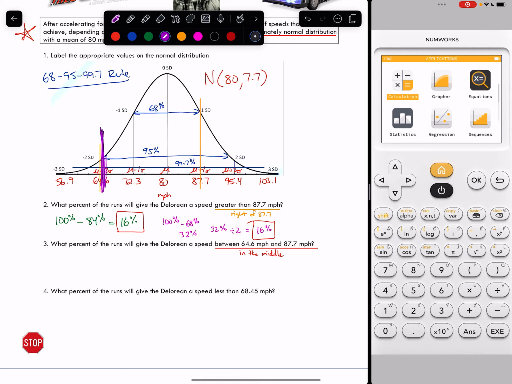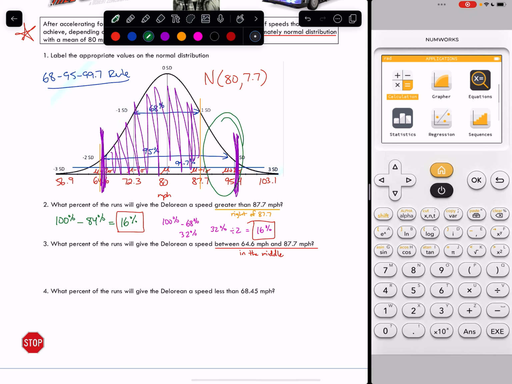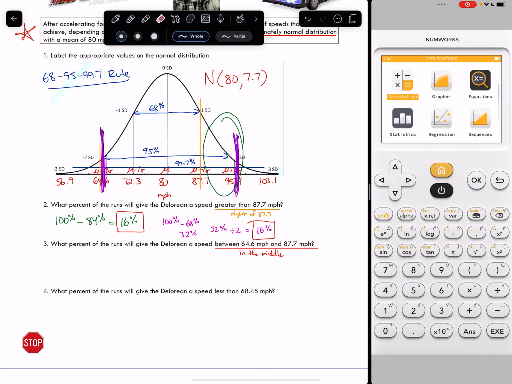So from negative 2 standard deviations to positive 2, all of that is 95%. And so really the shaded part I'm looking for here is all of that just minus this little part over here.